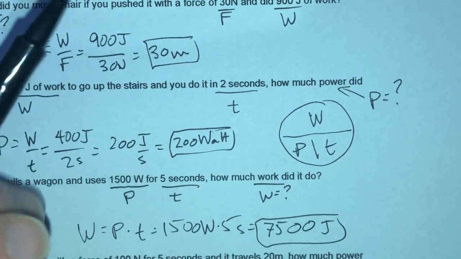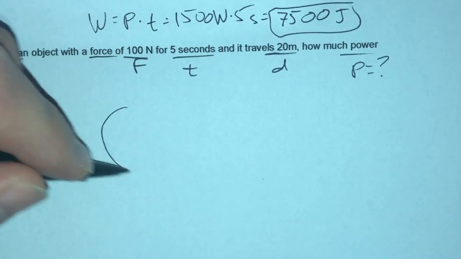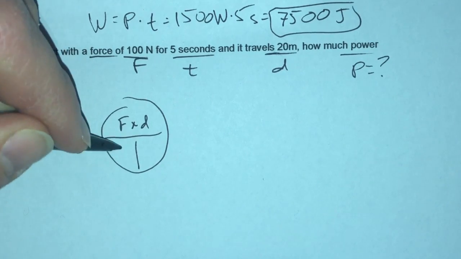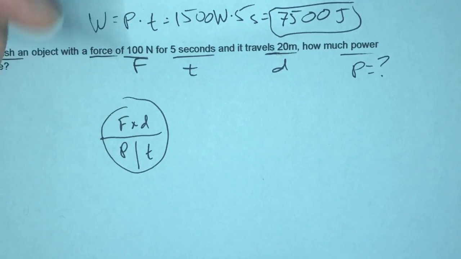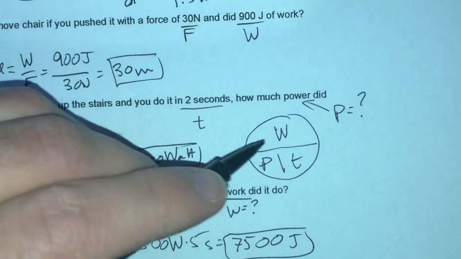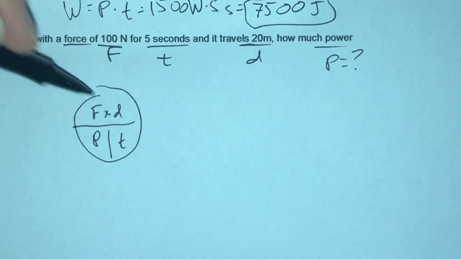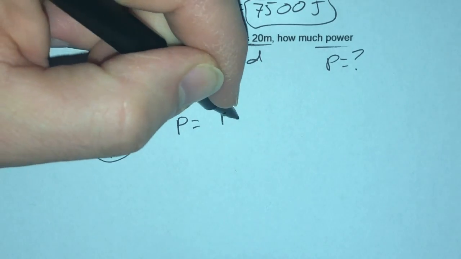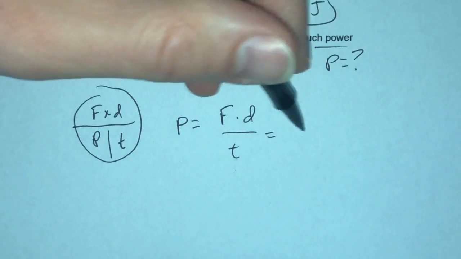But remember that work is F times D. So I'm gonna write it out like this. Once again, F times D is the same thing as W. It's just broken down a little bit. All right, so P equals F times D over T. And now I can substitute those values in.